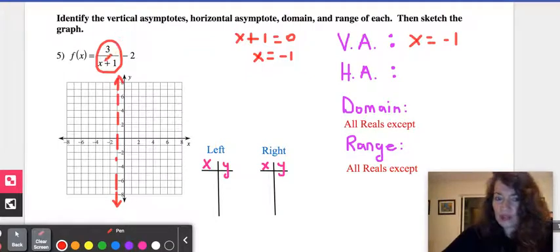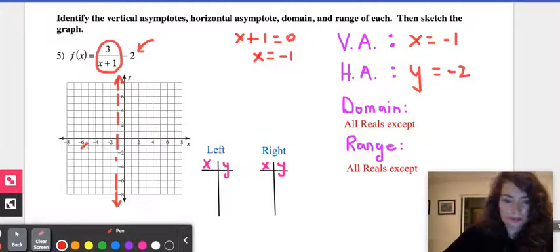So if this fraction never equals 0, that means y can never equal -2. So our horizontal asymptote is actually y equals -2. So let's go ahead and sketch y equals -2 on the graph. So this is the equation of y equals -2.